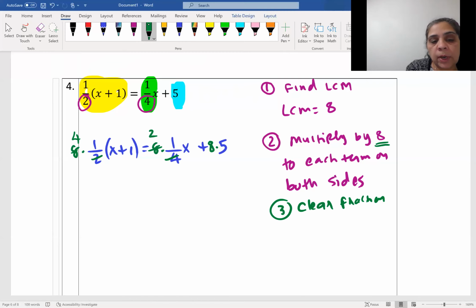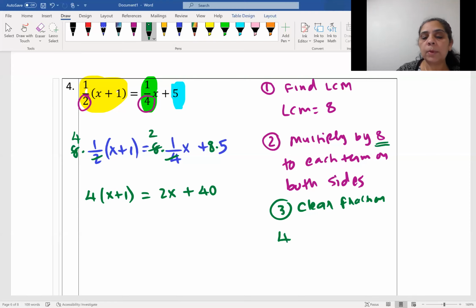So we can say 4 times 1 is 4, x plus 1 equal 2 times 1 is 2x plus 8 times 5 is 40. So now we need to solve for variable. Step 4, solve for variable.